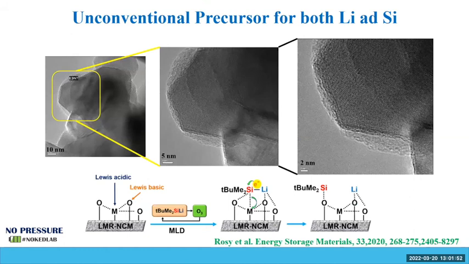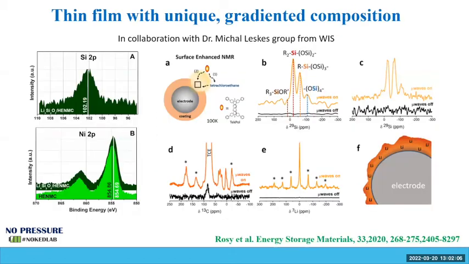I will show you what her capabilities really brought to our understanding of the functionality of the thin film. This is the thin film that I showed you before, the lithium silicate. And it is coated again over the high energy lithium and manganese rich cobalt oxide.